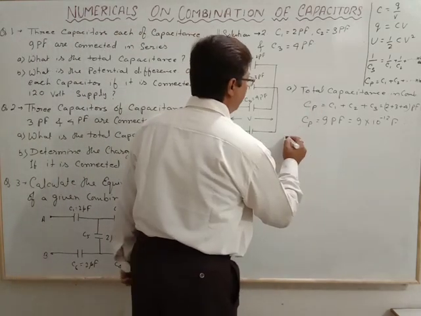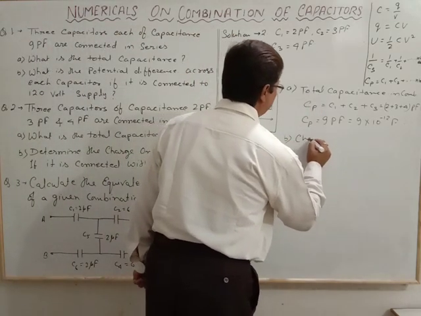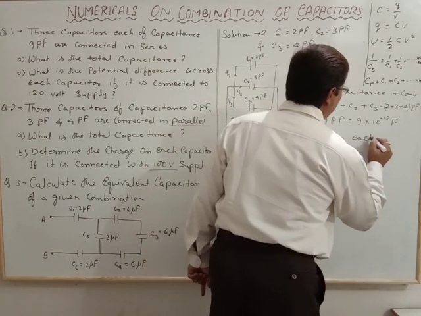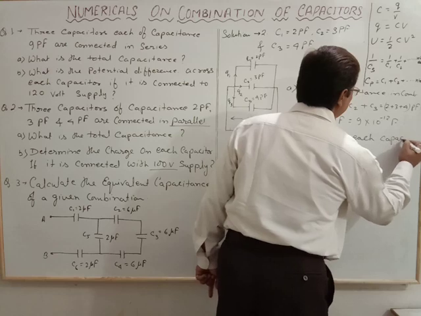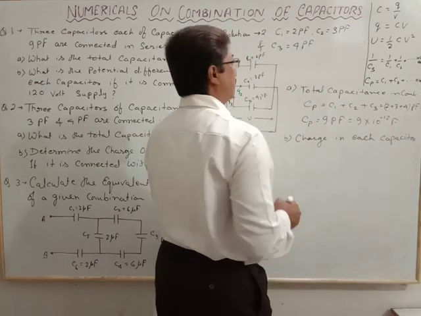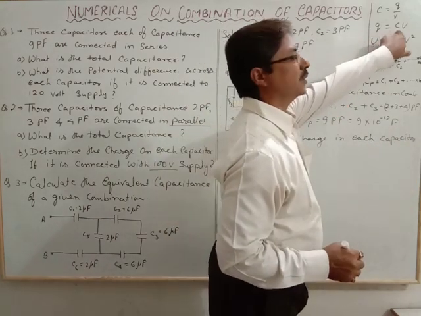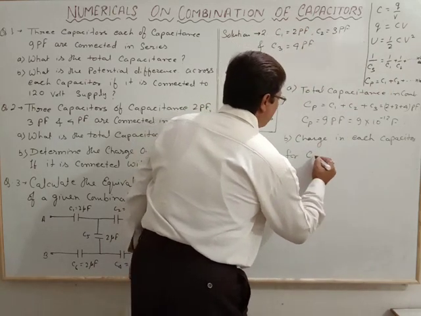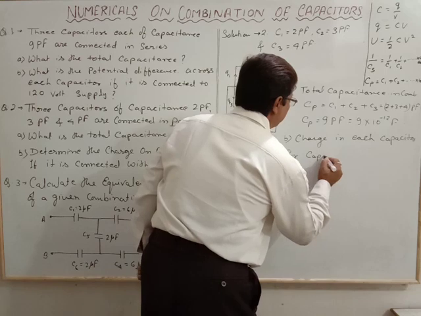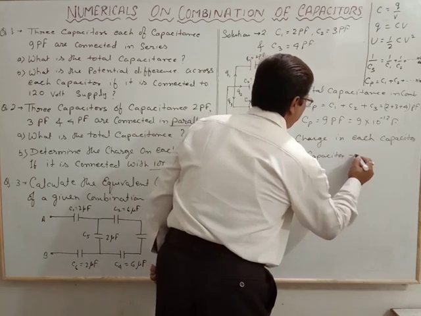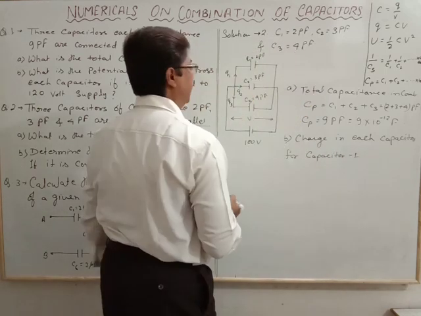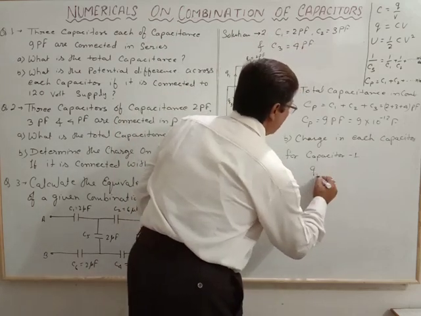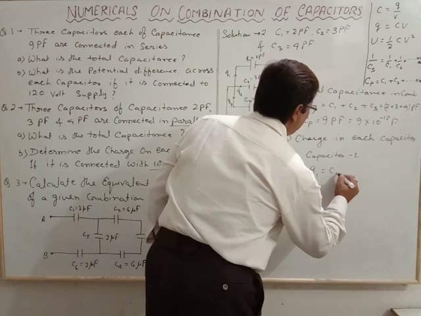The charge in each capacitor. We know that the charge Q is equal to CV. So for capacitor 1, the charge Q1 is equal to C1V.